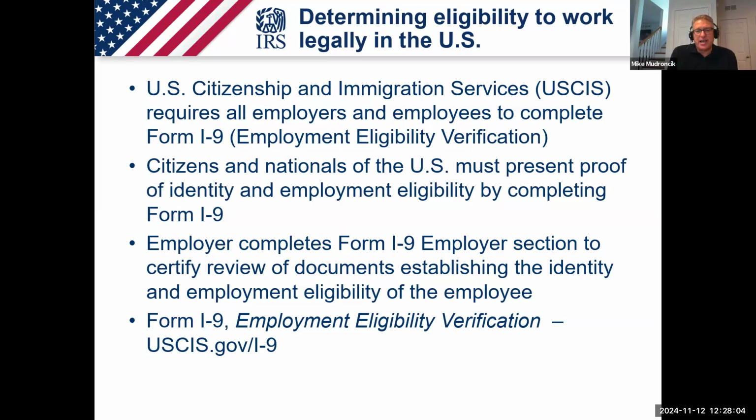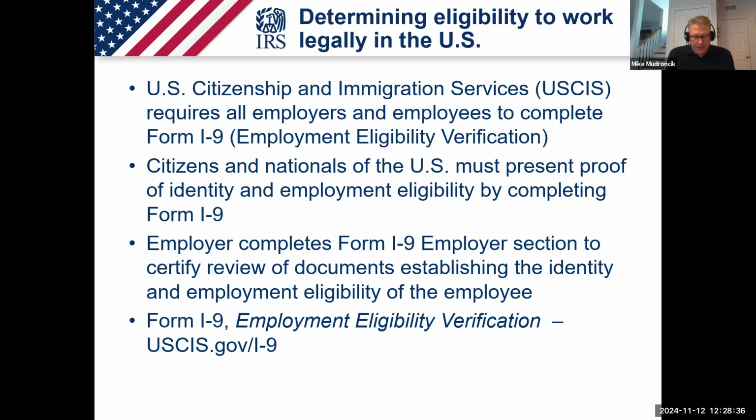While citizens and nationals of the United States are automatically eligible for employment, they too must present proof of identity and employment eligibility by completing the Form I-9. As an employer, you complete the employer section of that Form I-9. This certifies that you have reviewed original documents establishing the identity and employment eligibility of the employee.